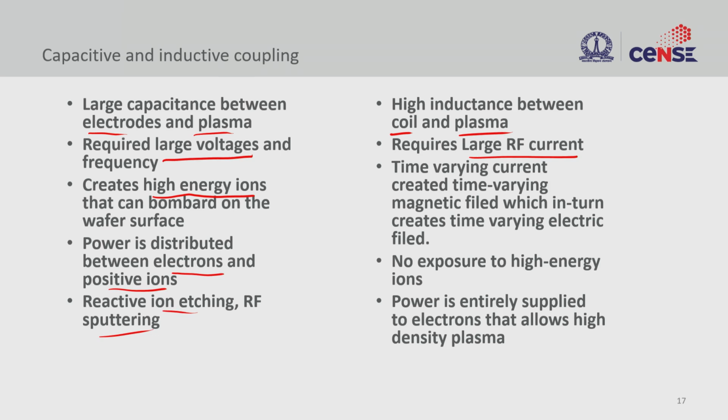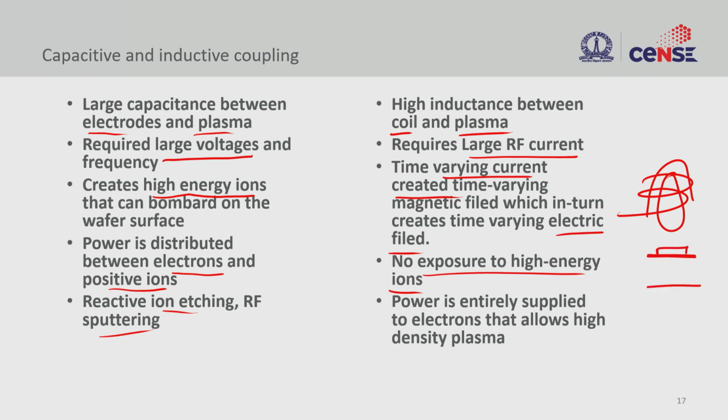On the other hand, in an inductively coupled system, you use a time varying current. There's an alternating current source that you apply that will create an electric field. This is what makes it much more efficient, where most of the energy is transferred only to electrons. So we are not exposing the wafer to very high energy ions here. The reason is that in this dome, all the ions are restricted to this region, because the wafer is kept far away.